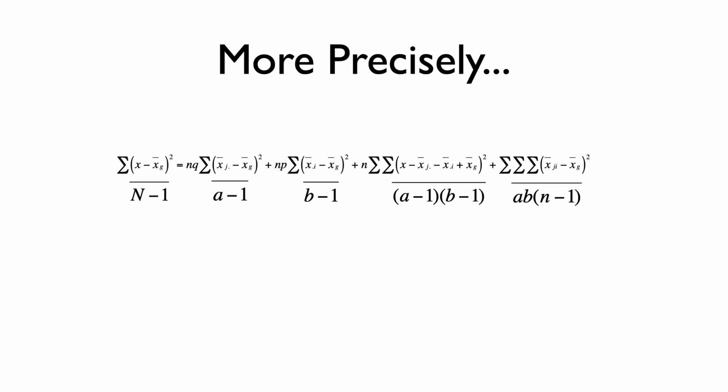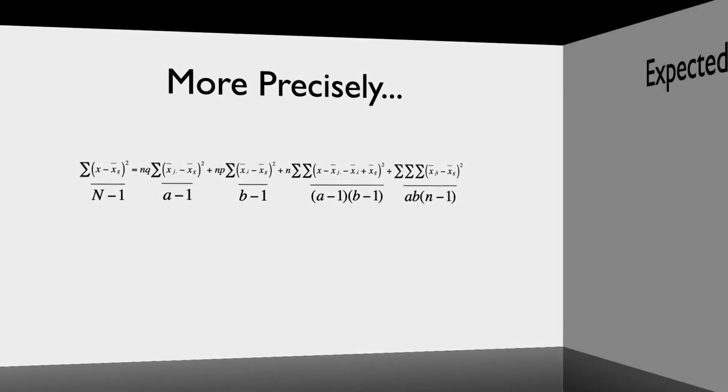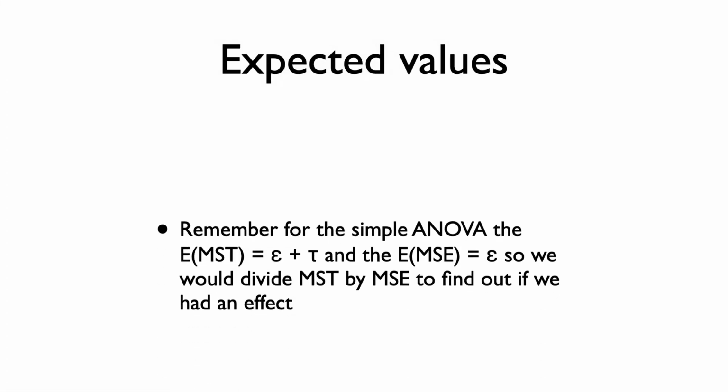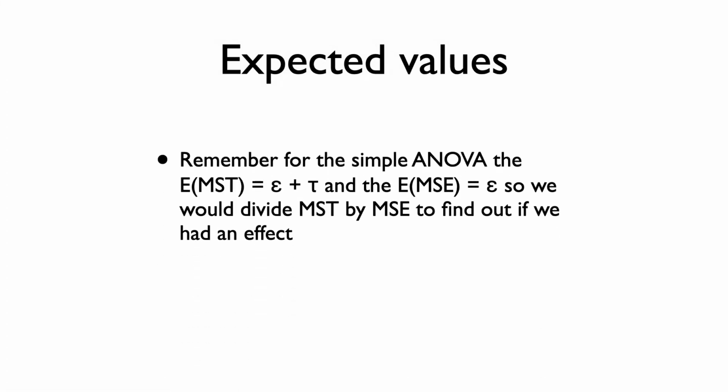So let's think about the expected values. Let's finish with that today. Remember when we did the stuff on straight ahead one-way ANOVA, and the expected value of mean squared treatment?